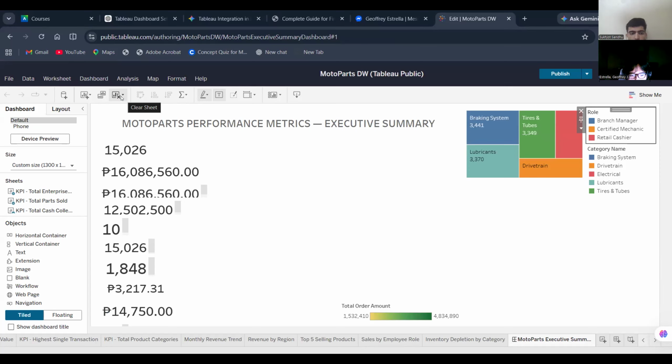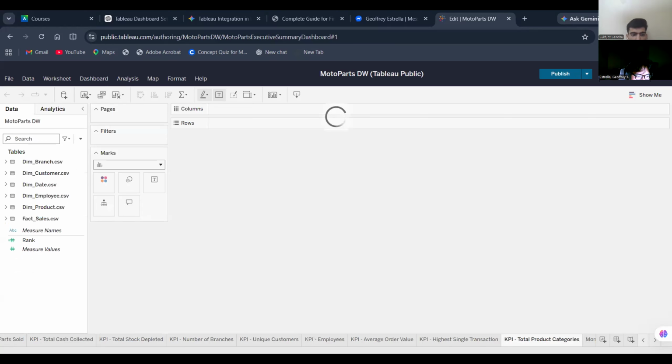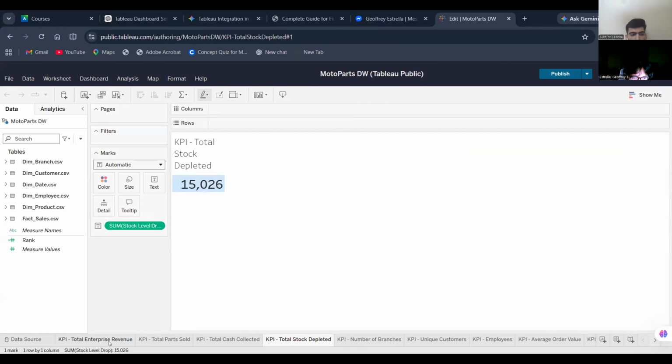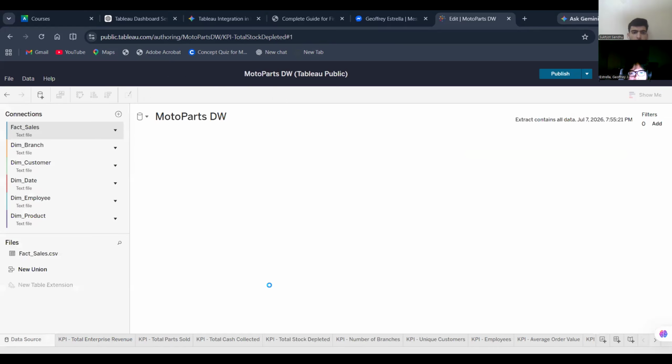So to resolve this, we extracted, transformed, and loaded our transactional data into a star schema data warehouse, centering around our fact sales table and branching out to our dimension tables: branches, customers, products, dates. This allowed us to build a highly performant, fully interactive executive dashboard in Tableau.